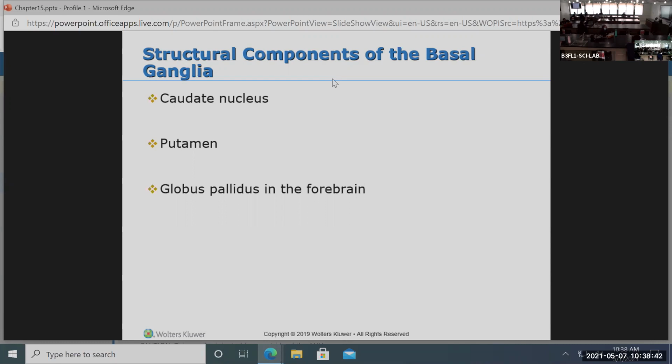Is it clear? Now look at that one. Putamen and caudate nucleus, P and C, we call the corpus striatum.